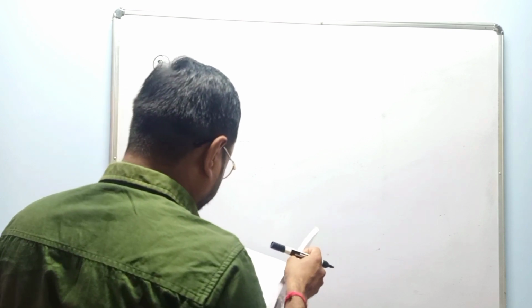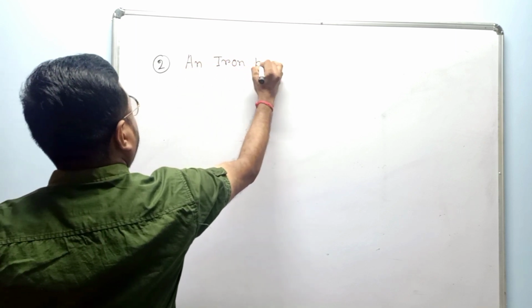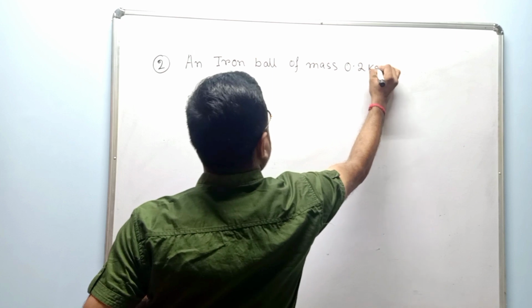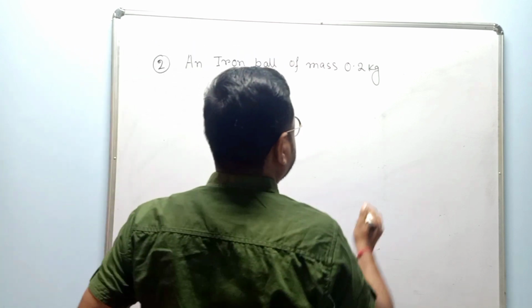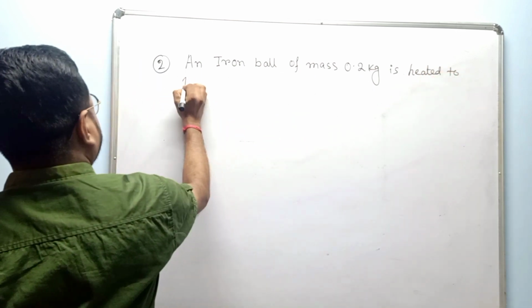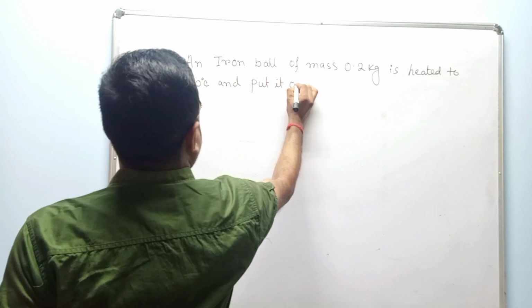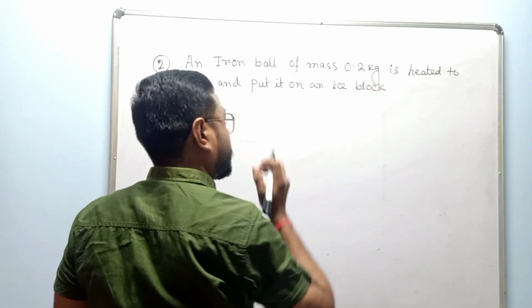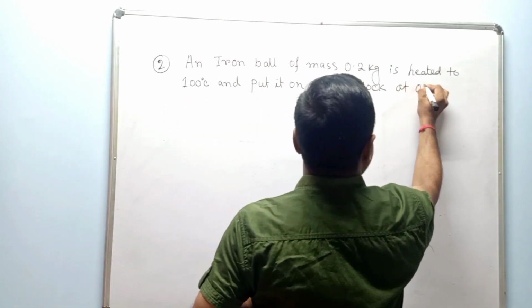An iron ball of mass 0.2 kg is heated to 100 degree centigrade and put on an ice block at 0 degree centigrade.